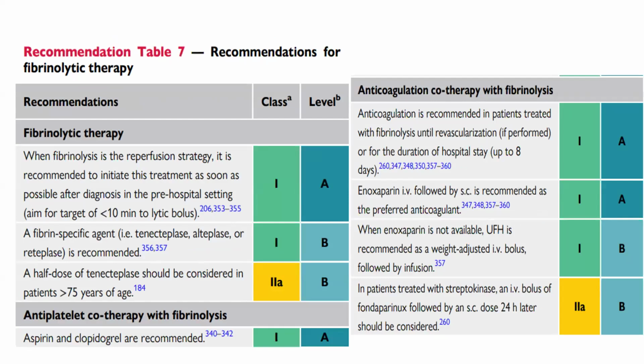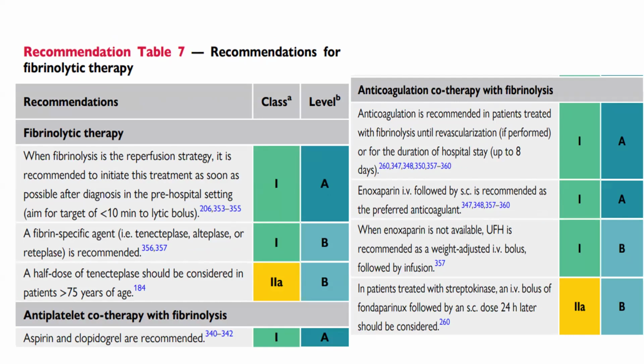In terms of fibrinolysis, we've mentioned it. You want to give it when you don't have access to primary PCI within 120 minutes, if it's indicated that the patient qualifies for revascularization, and the options are tenecteplase, alteplase, reteplase.